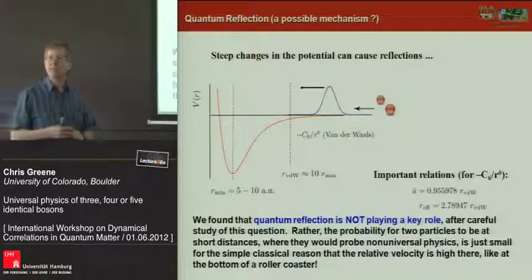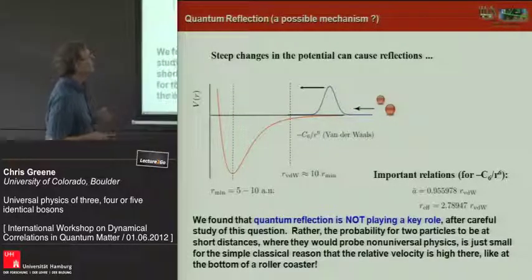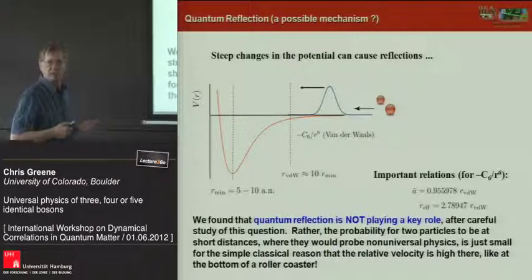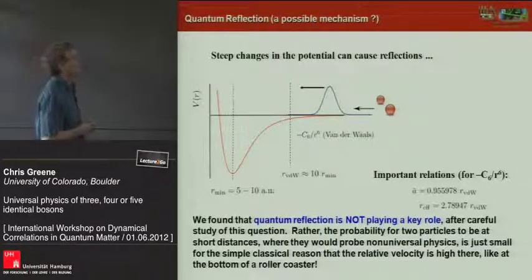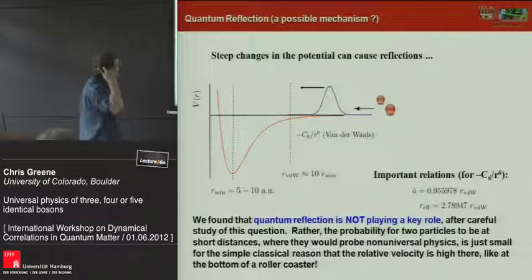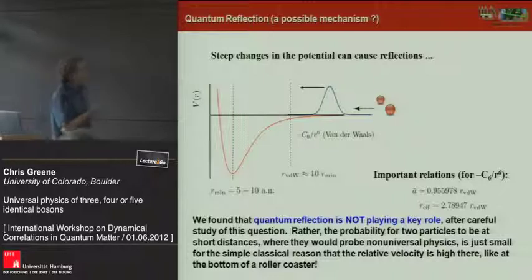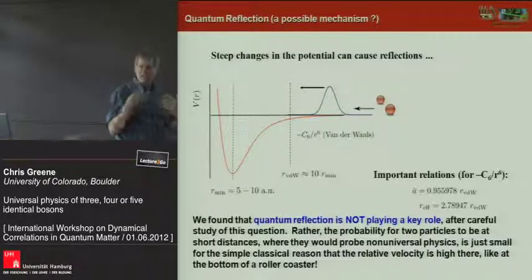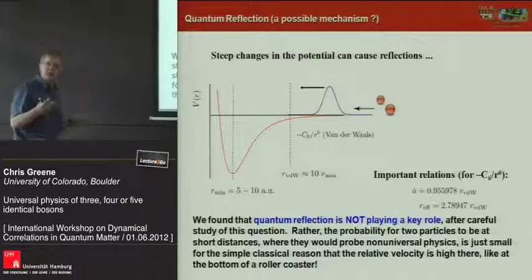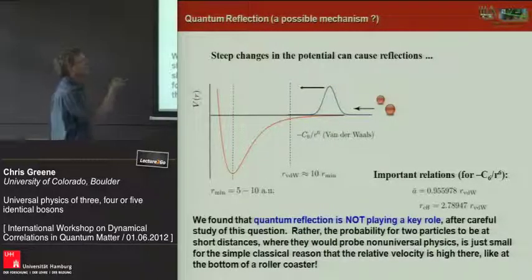This doesn't happen as in numerous scenes you've seen in movies. It doesn't really happen in classical physics. The car just goes over the cliff and it never bounces back. So we thought this might be the explanation, but when we actually calculated the de Broglie wavelengths to see if you're in this quantum reflection regime, it didn't seem to be.